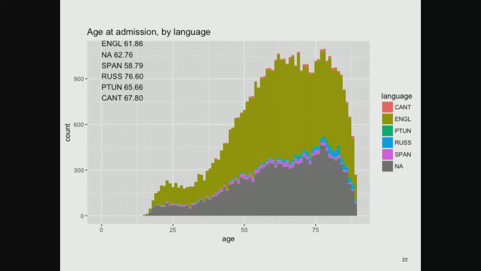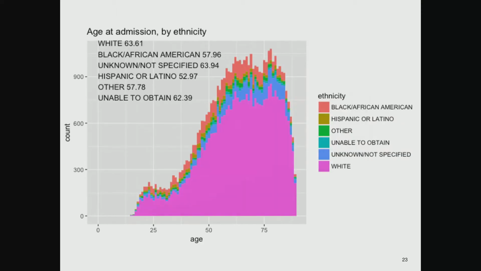What about age at admission by language? So some people speak English, some people speak not available, some people speak Spanish, etc. So it turns out the Russians are the oldest, right? And that may have to do with immigration patterns, or I don't know exactly why, but that's the data. That's what the data show.